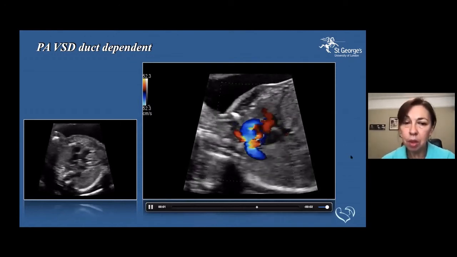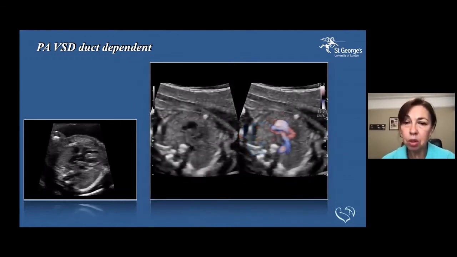Now on the same patient, same fetus, we see here a transverse view through the mediastinum, and on this still image we can see the aorta, which is bigger, and we'll see when I play the clip that the transverse arch will come here.